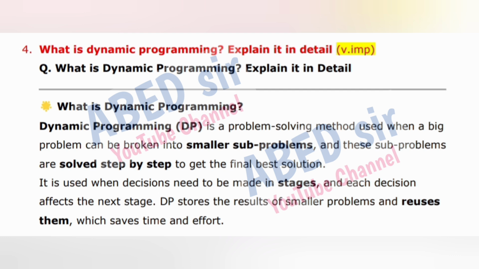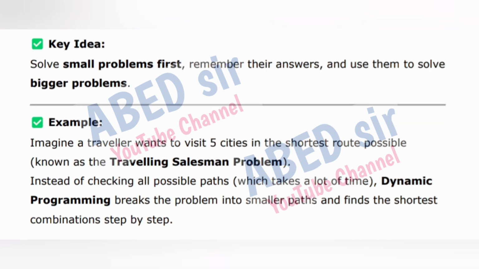It is used when decisions need to be made in stages, and each decision affects the next stage. DP stores the results of smaller problems and reuses them, which saves time and effort. Key idea: solve small problems first, remember their answers, and use them to solve bigger problems.